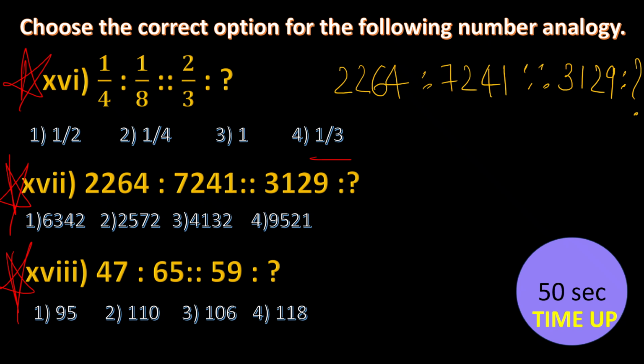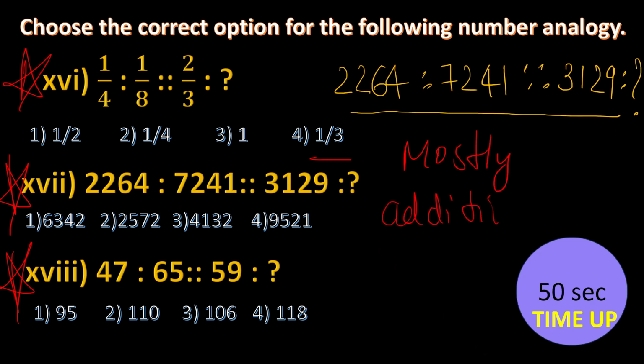So here what has been done? This is very important. Please note down whenever this type of question appears in competitive exams where you have 4 digit, mostly addition logic is used.